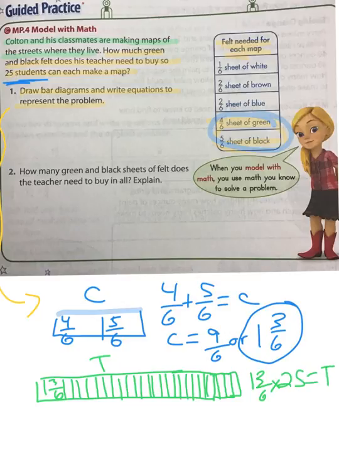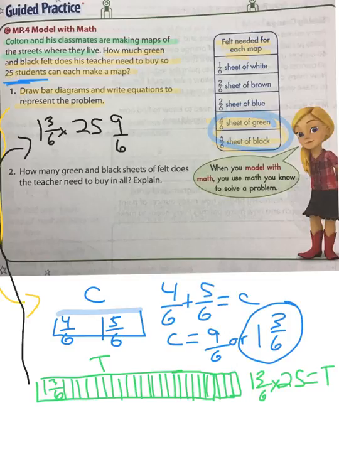I'm going to go ahead and do this work up here where I have a little bit more room. Okay, so I'm just kind of extending it because I've run out of room. So I've got 1 and 3/6 times 25. That is going to equal 1 and 3/6, put your 6, 6 times 1 is 6, plus 3 is 9/6 times 25 over 1.